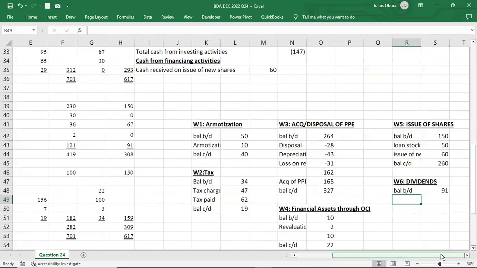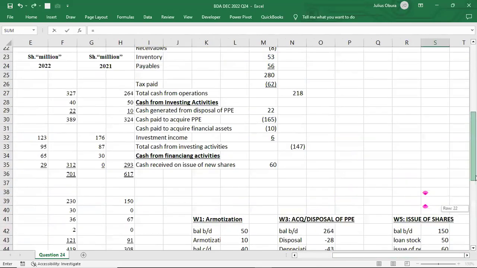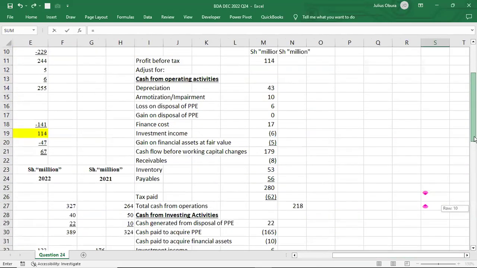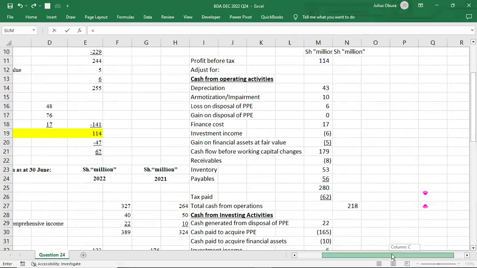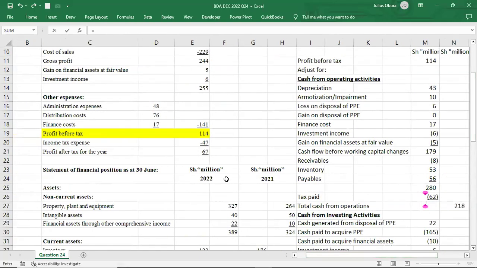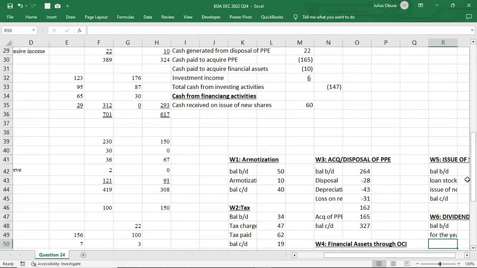And then we have profit for the year. This one we get from our income statement, and the profit for the year is 67.